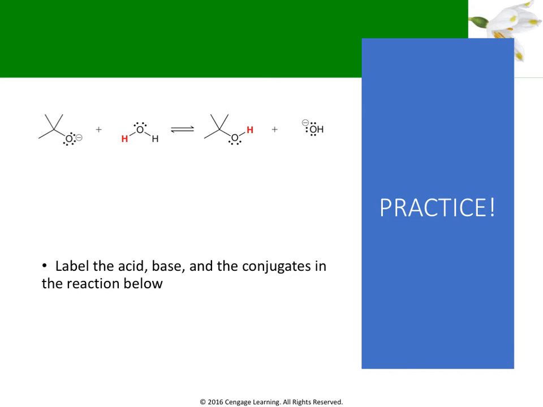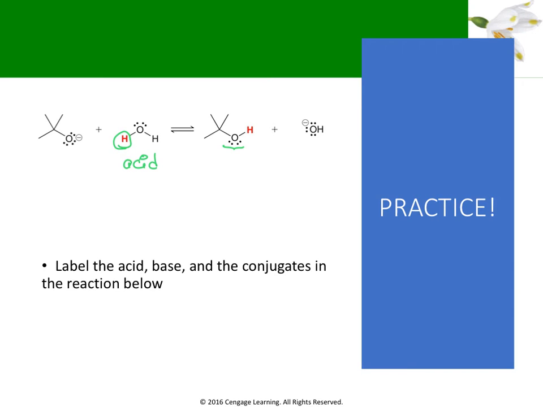So let's try that with this reaction. Let's label the acid, the base, and the conjugate acid and conjugate base. Since I've given you the reactants and the products, you can just look and see what happened. So notice that here water, this H moved over to this oxygen. So the water gave up its H, so it must be the acid.